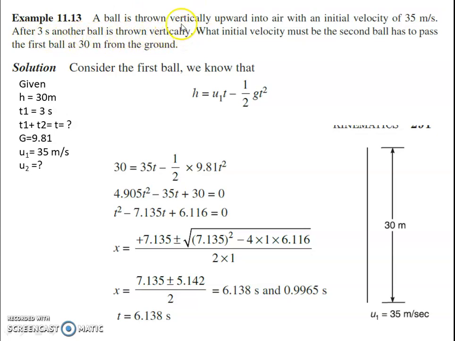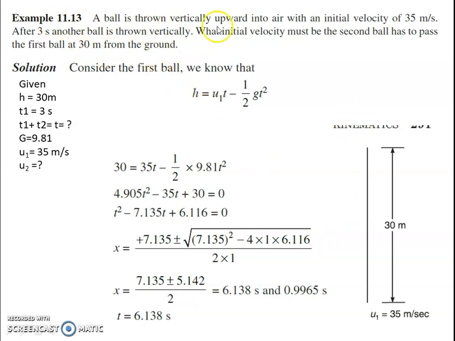T1 is 3 seconds. What initial velocity must the second ball have to pass the first ball at 30 meters from the ground? Here it is H, not S, and H is fixed at 30.